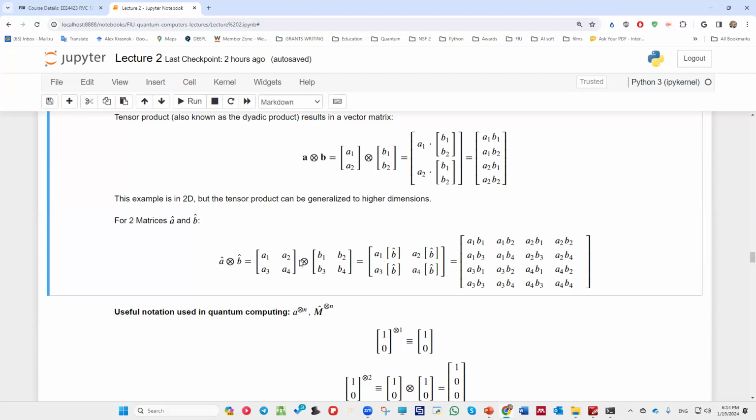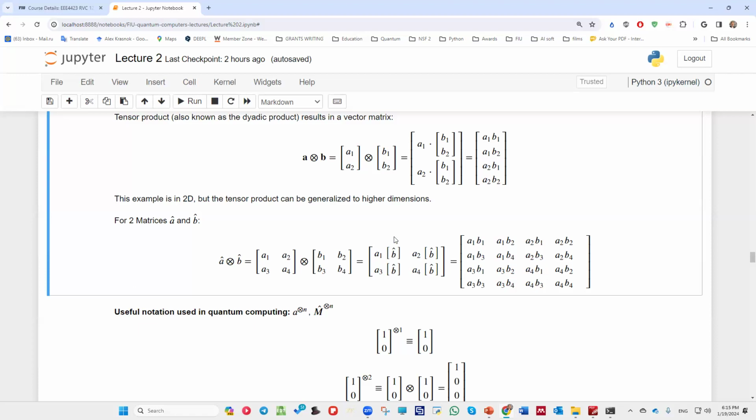Okay, and this is basically the way we do it. It's basically the same thing. You have one matrix, you take the tensor product with the second matrix, and you simply multiply each element of the first matrix by the entire matrix B. So here, to make it tidy, I put this definition for the matrix like this.